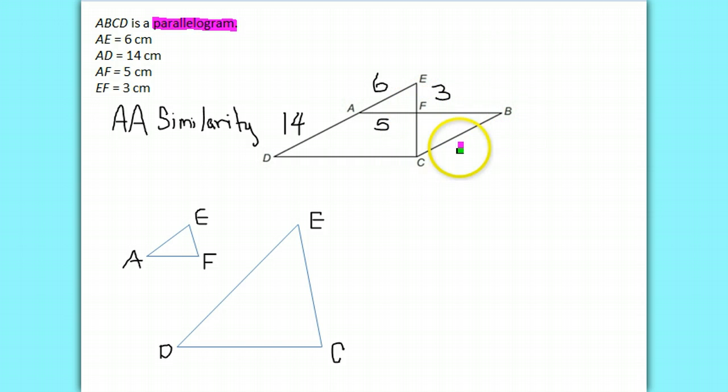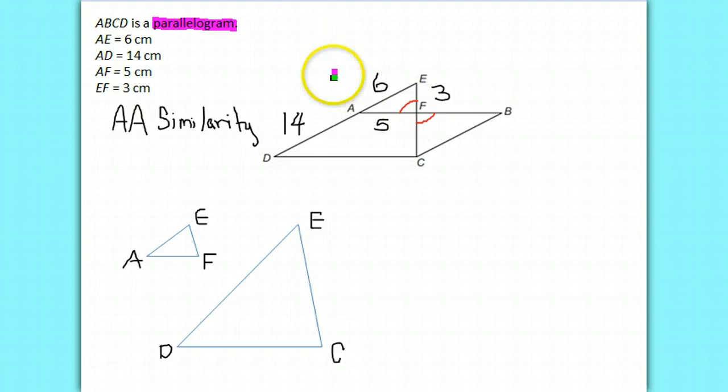So we're trying to show that those two triangles have at least two angles that are the same. Right away, hopefully you remember the vertical angles. Anytime you have two lines that intersect, like we have here, and the angles are across from each other, those are vertical angles and they will always be equal.